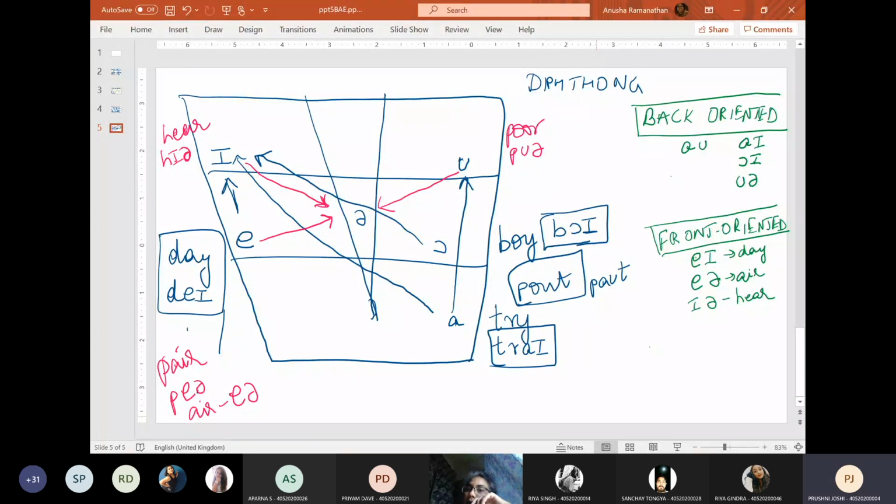So anything? Yes, ma'am. So how many have we done so far? 7. There is an 8th one, and this is a center oriented one. The only one that is center oriented.